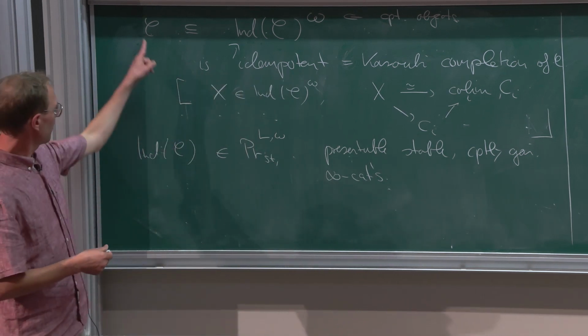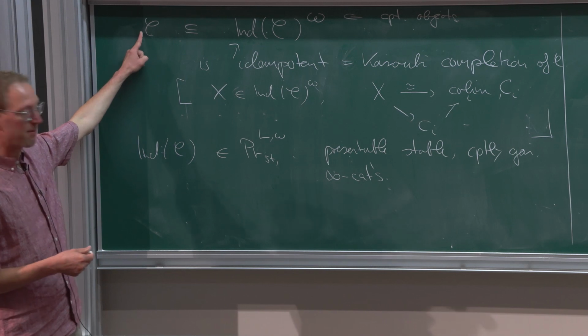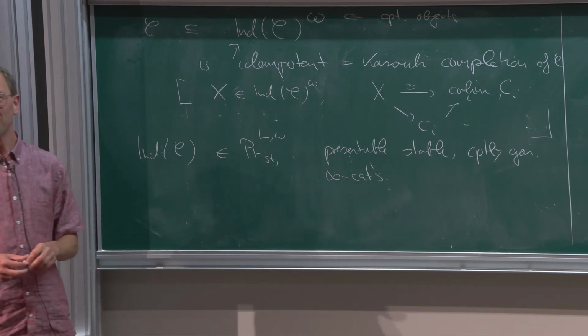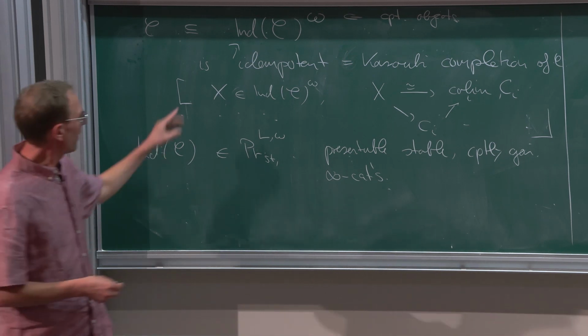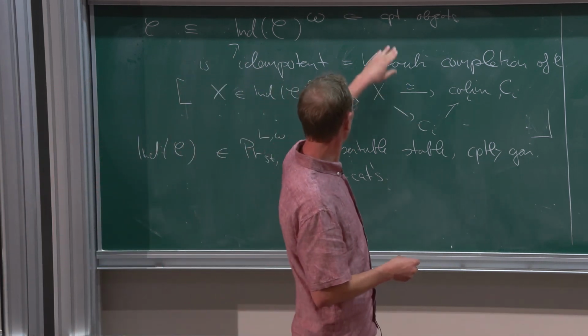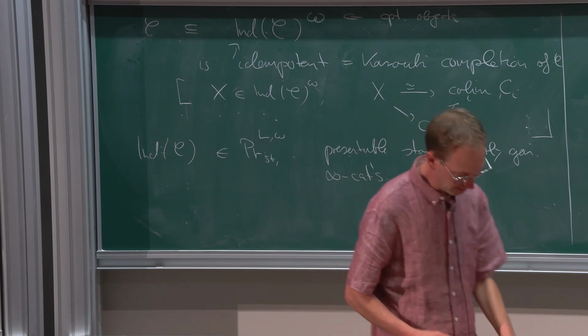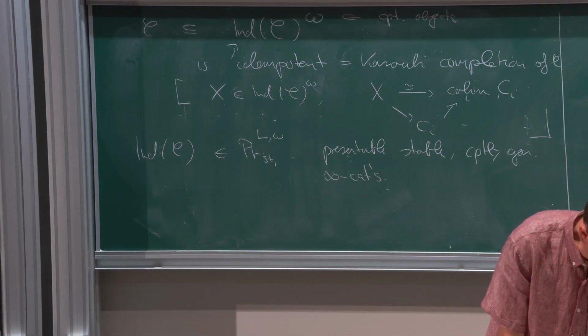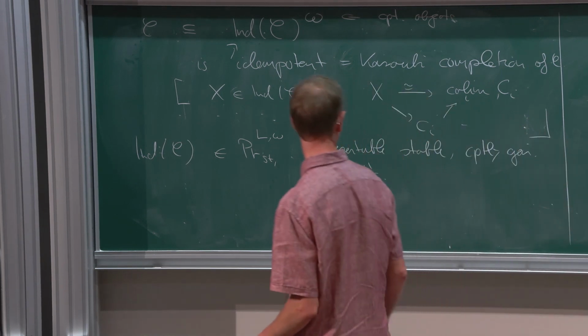And as we saw, the passage from small stable infinity categories to the Ind-completion is almost an equivalence of categories. Not quite, because you only get the idempotent complete infinity categories here. And these are some of the main players for localizing invariants. So let me define this.